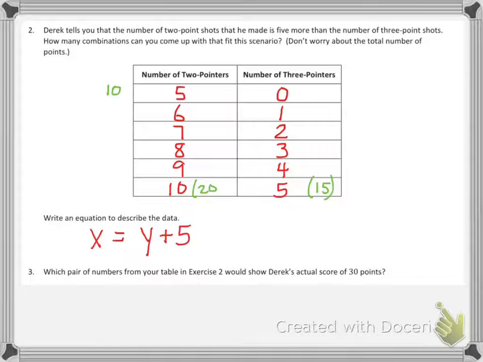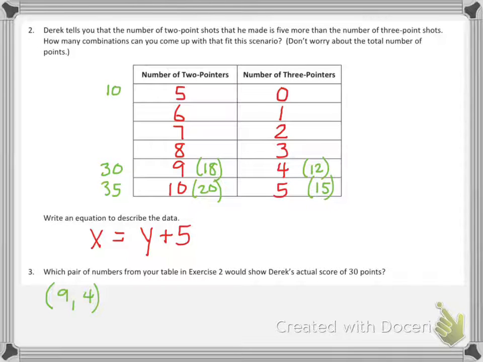That's a total of 35. That's too much. So it's somewhere in between there, and I just have to try another one. So let's try 4 times 3, that's 12, and 9 times 2, that's 18. Well, 18 plus 12 is 30, so there it is. So that's it. The pair of numbers would be when x is 9 and y is 4.